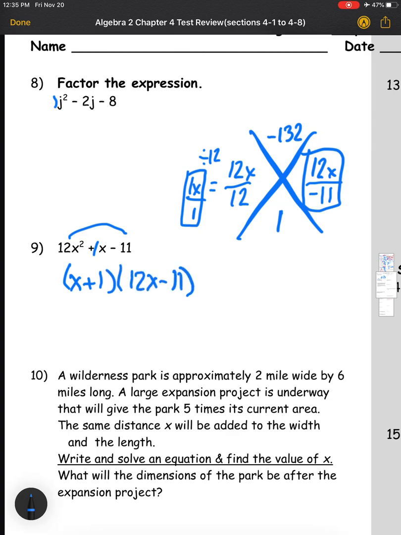I don't have to split and solve because it wasn't originally set equal to 0. Also, first I check to see if I can divide anything out. For example, if I had 3x squared plus 6x plus 9, I could divide all those by 3 first, because 3 can go into all 3 of those coefficients. So make sure you check that you cannot divide out anything before you start.